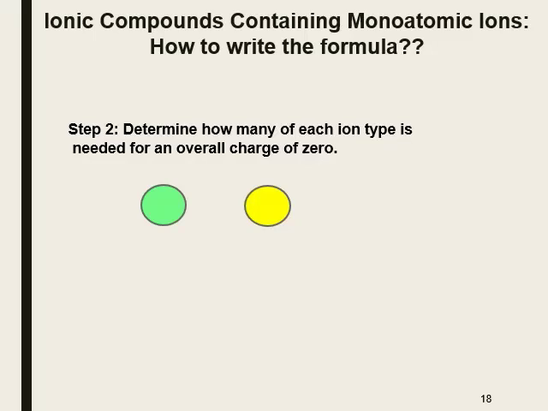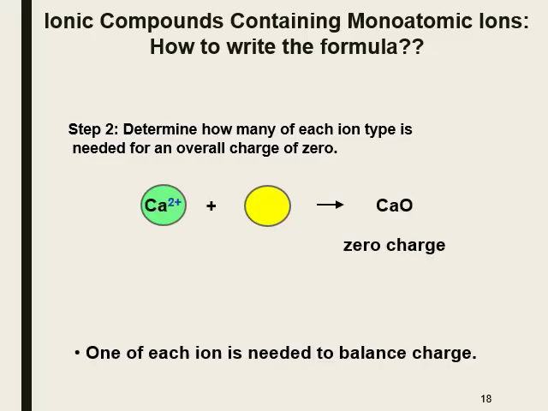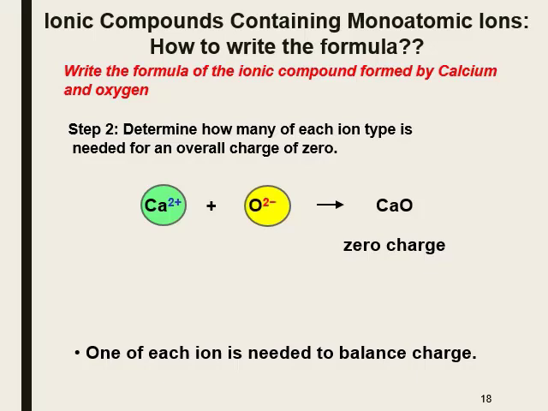Once you identify the charge of your metal cation and non-metal anion, next you figure out the ratio by which they neutralize each other. In our example, the total positive charge is 2 plus and the total negative charge is 2 minus. So they are equal.